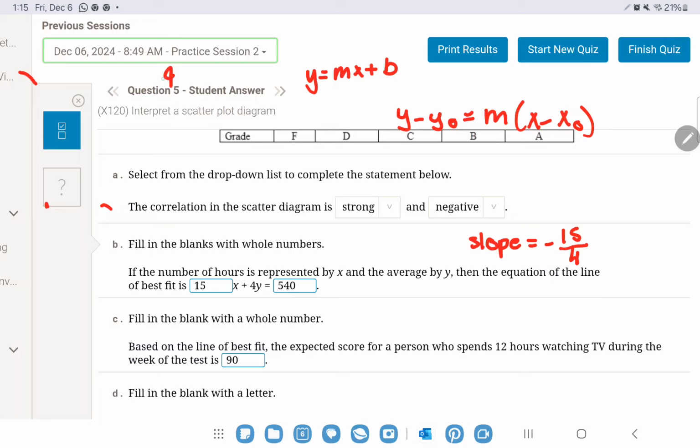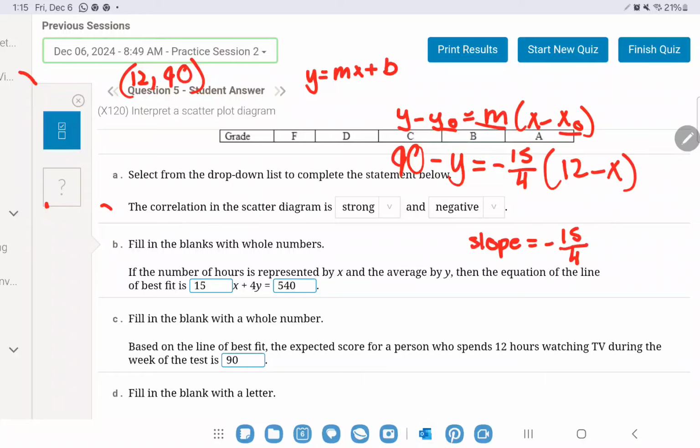I'm gonna choose 12 and 90. You choose one of these, and now you substitute them. So y0 means y and x0 means x. You don't replace them with anything. So 90 minus y equals m, which is your slope, negative 15 over 4, times 12 minus x.